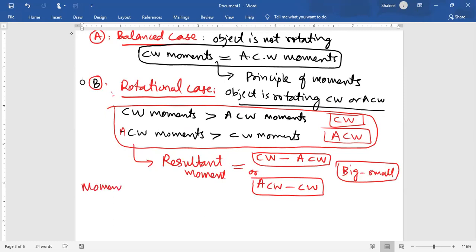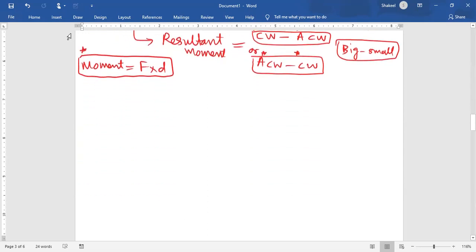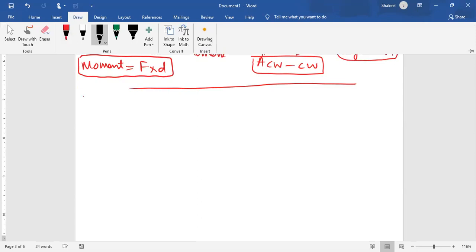It's simple: use the equation force times perpendicular distance. Apply this equation to find the clockwise moment or anti-clockwise moment, and then subtract them to get the resultant moment.